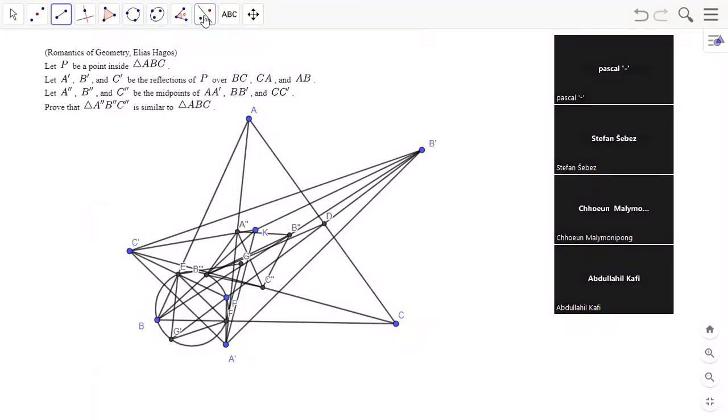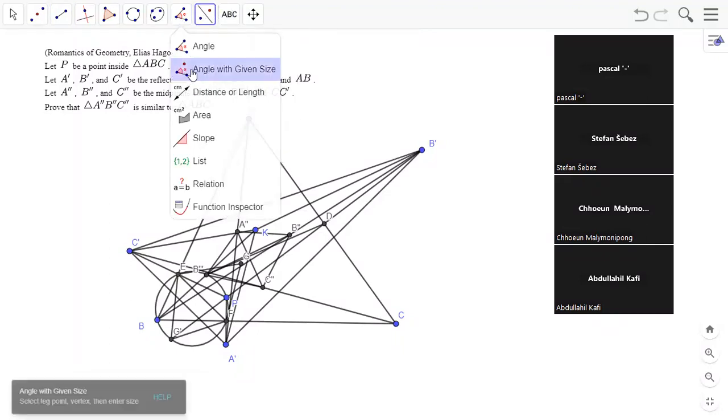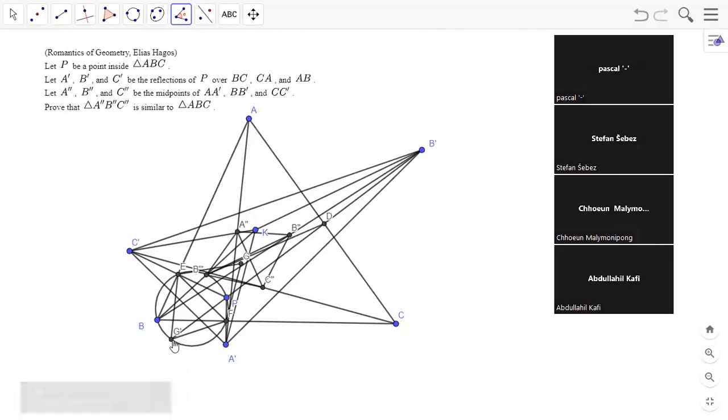I don't even know. Let's see. One, two, three. 52. Is it this one or is it the other one? No, it's the other one. So can we show GEF is angle C?